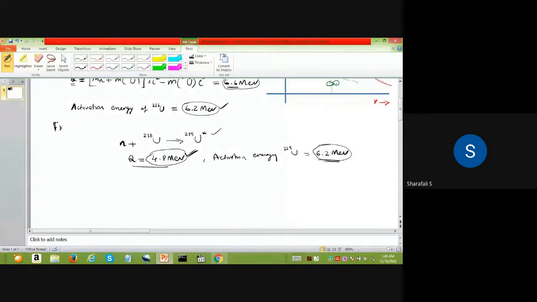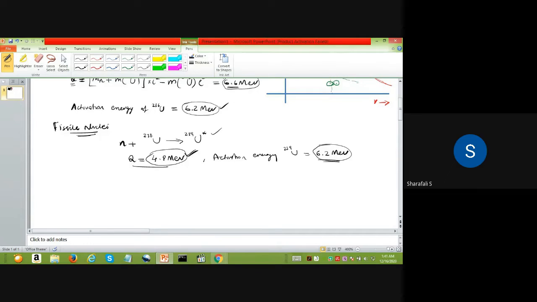Just check the spelling: F-I-S-S-I-L-E, fissile nuclei. So these nuclei will not have those potential barriers. So if you consider the nuclear fission that we just discussed, when the excited nucleus has more energy than the activation energy, it causes nuclear fission readily, as there is no barrier formation in such nuclei.